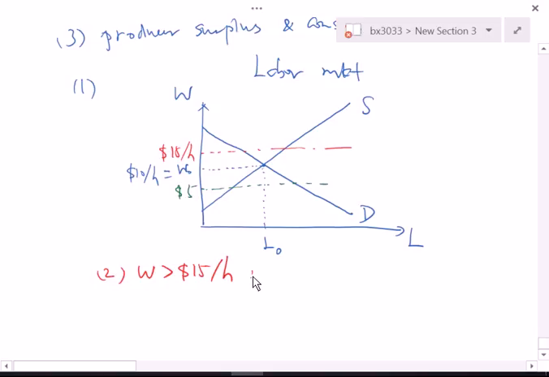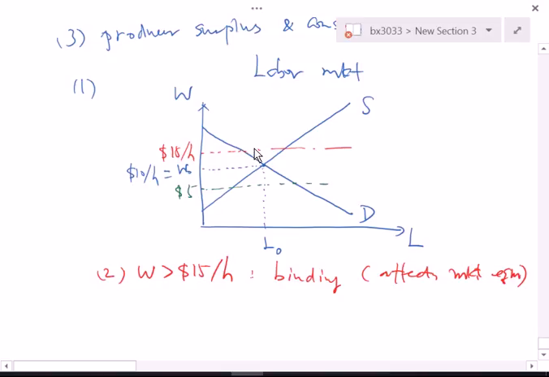Now, this minimum wage policy is binding because it affects the market equilibrium.